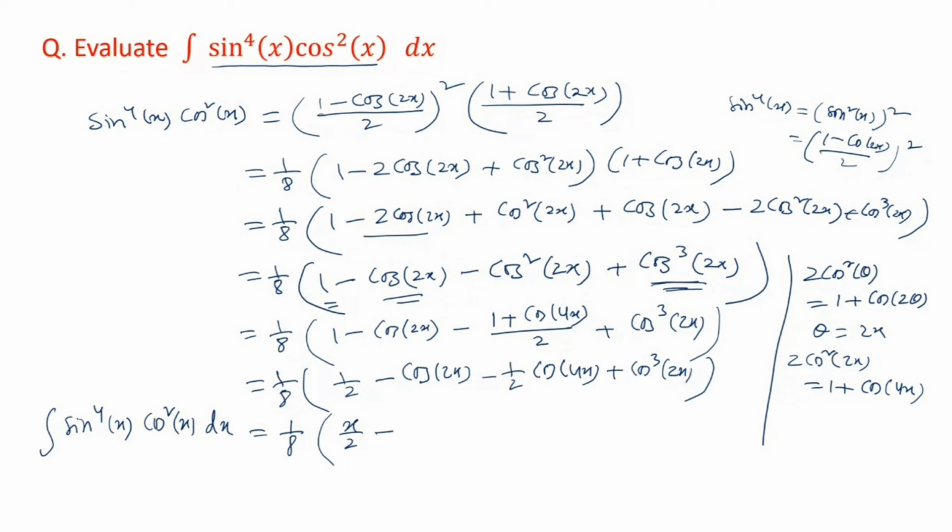So this is half, so x over 2, minus the integration of cosine 2x, which is sine 2x over 2, minus cosine 4x, which is 1 over 8 sine 4x, and then here we will write the integration of cosine cube 2x dx.